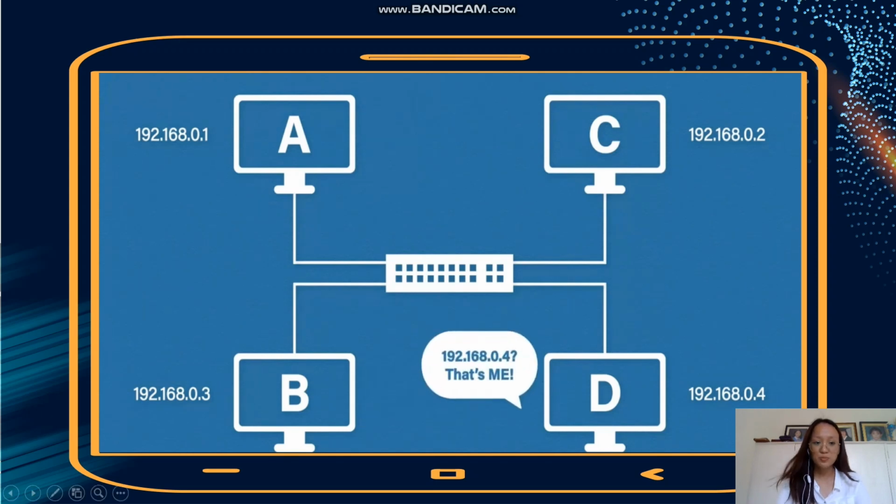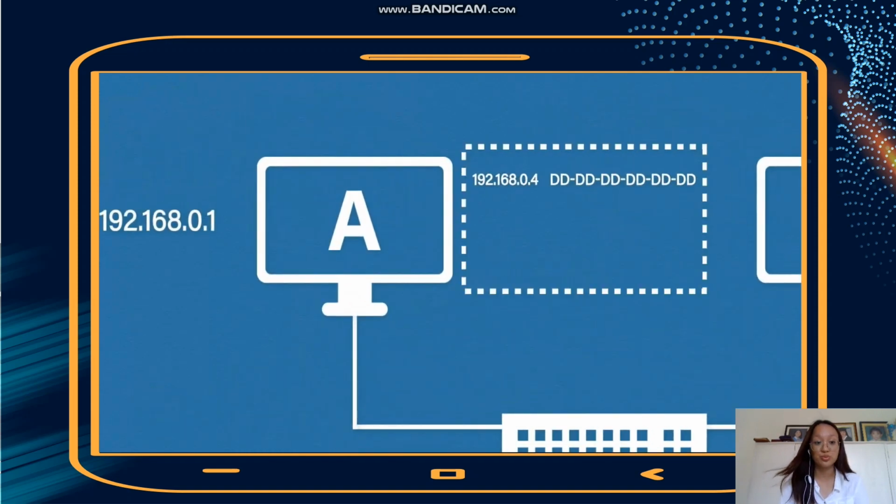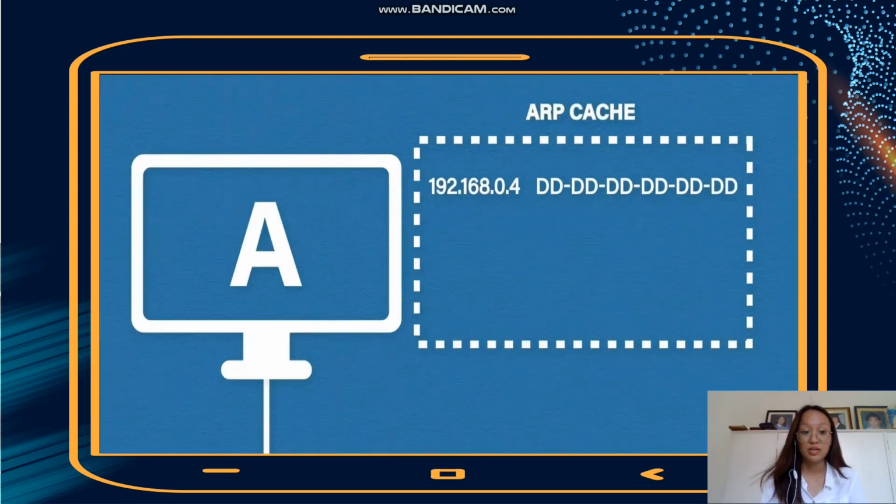Then the computer that has the matching IP address will respond back and tell computer A its MAC address. Once computer A receives the MAC address of computer D, the communication can now take place between the two. Now, once computer A has the MAC address, it will store this information in the ARP cache.